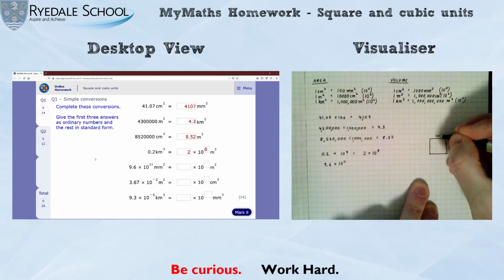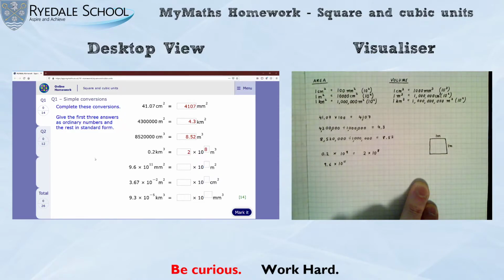I know that 1 metre is 100 centimetres, and 100 centimetres is 1,000 millimetres. So 1 metre square is the same as 1,000 millimetres by 1,000 millimetres.